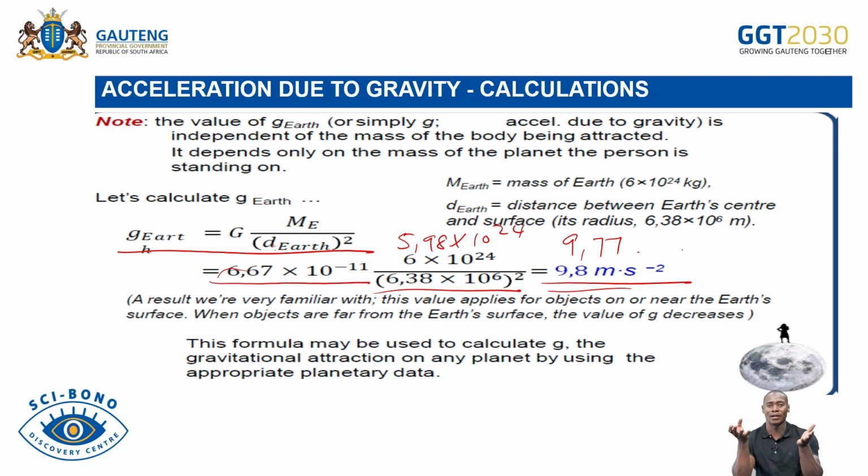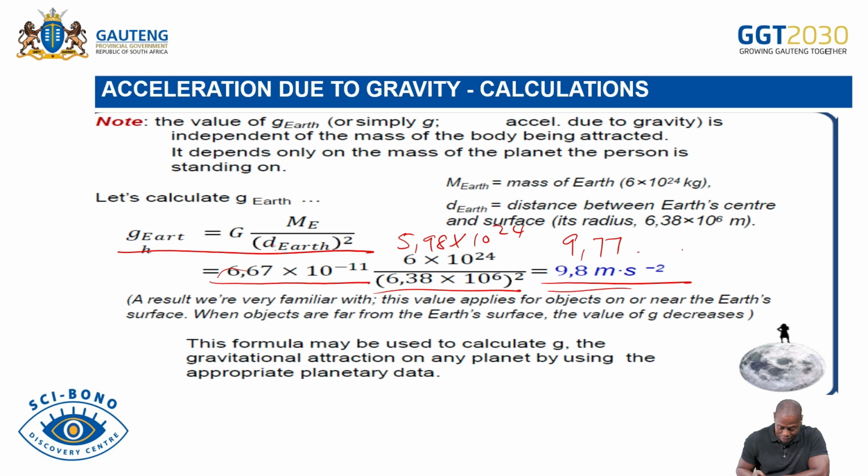Where are we getting that from? From Newton's third law. So obviously you are referring back to the laws of physics that we have done before, and you will be required to do that sometimes. Here they were proving that acceleration due to gravity is 9.8.